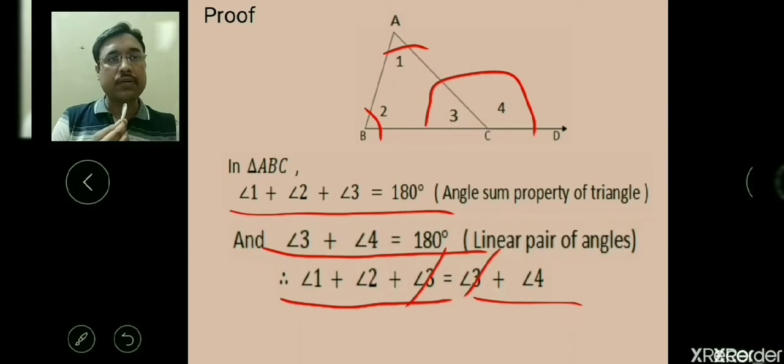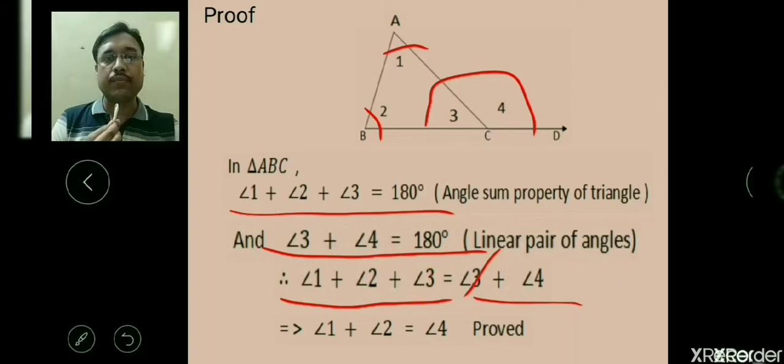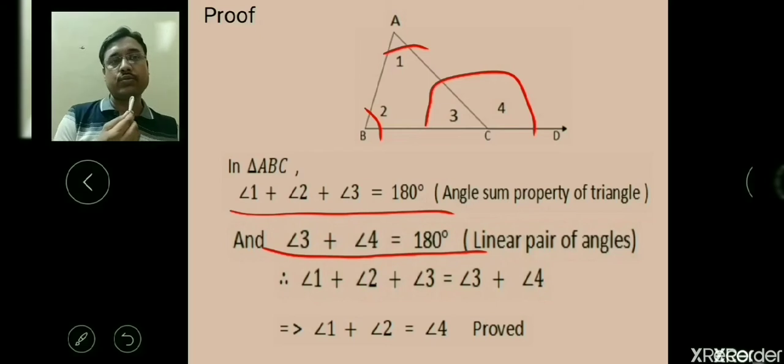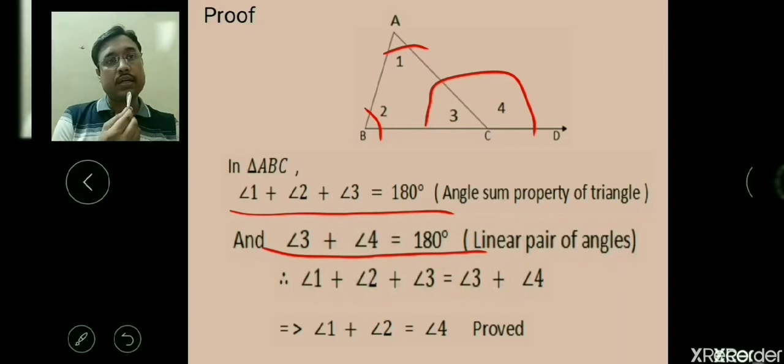The remaining parts are equal, that means angle 1 plus angle 2 equals angle 4. So this way you can prove that the sum of the two interior angles, angle 1 and angle 2, equals the measure of angle 4, the exterior angle ACD.